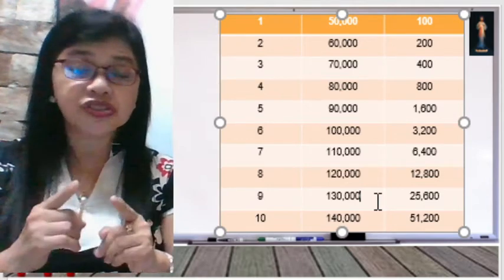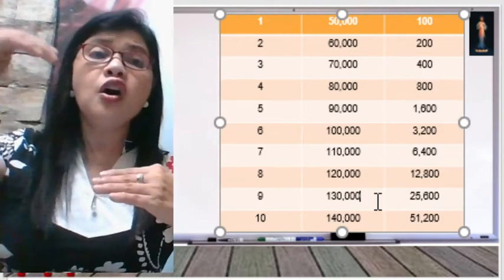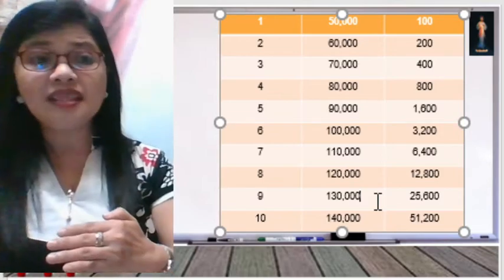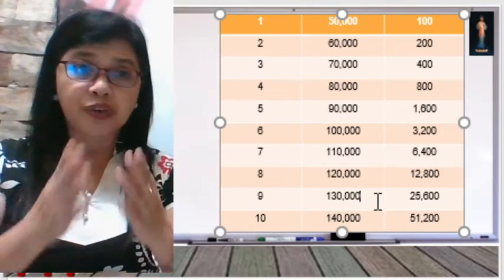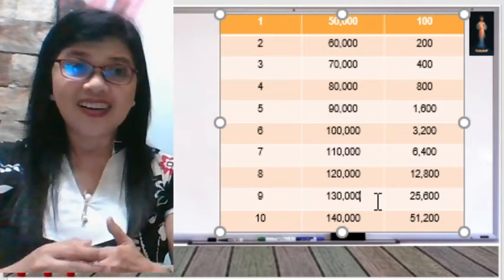But it grows not over a few years, but over a long period of time. That is the 1st to the 20th day. Or if you convert it into years, the 1st to the 20th year.